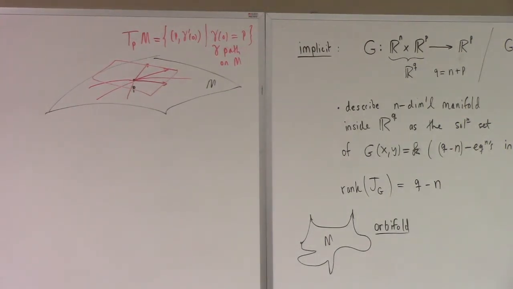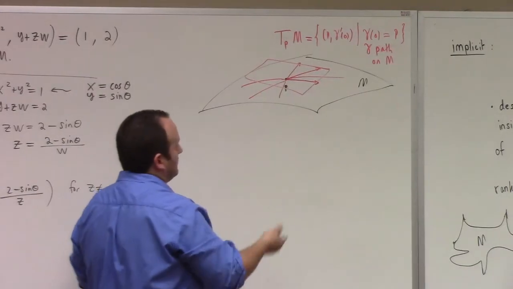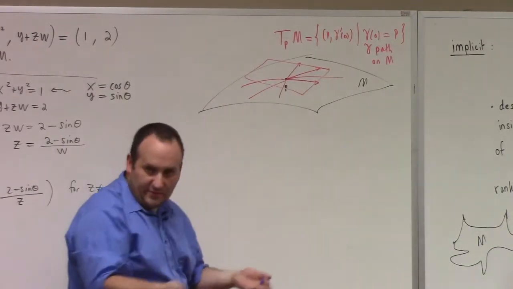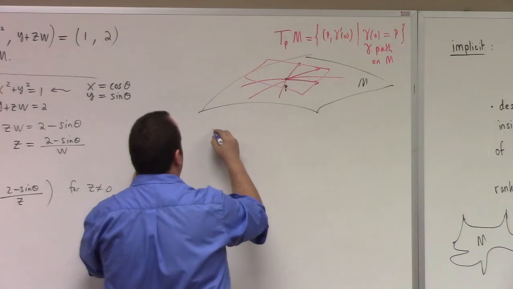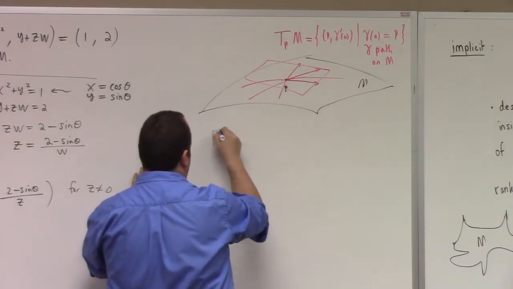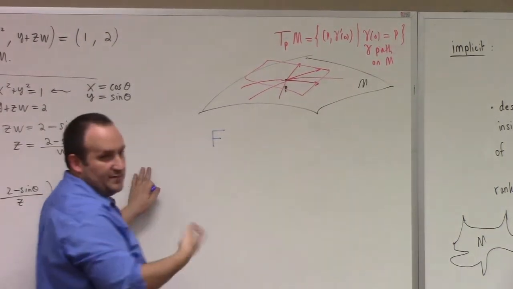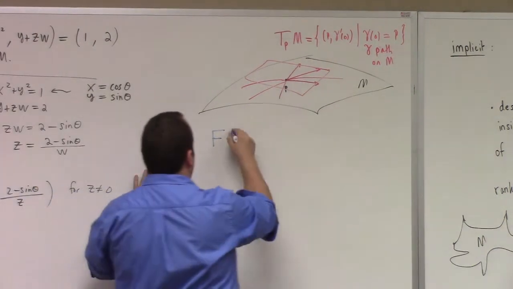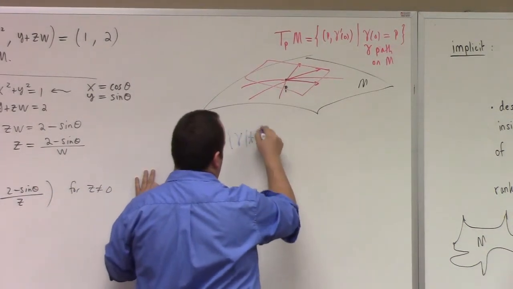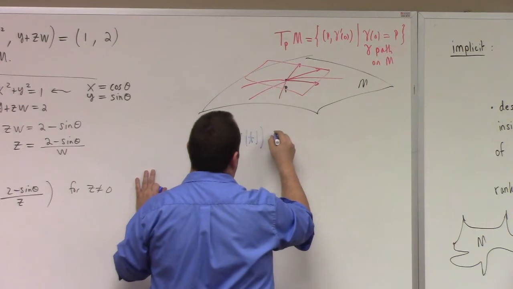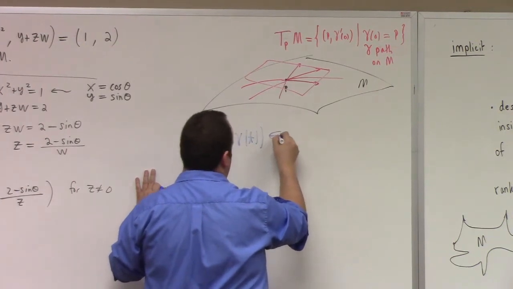So here's basically the parametric viewpoint: what does it mean to say we have F of the path gamma of t? That's an element of?